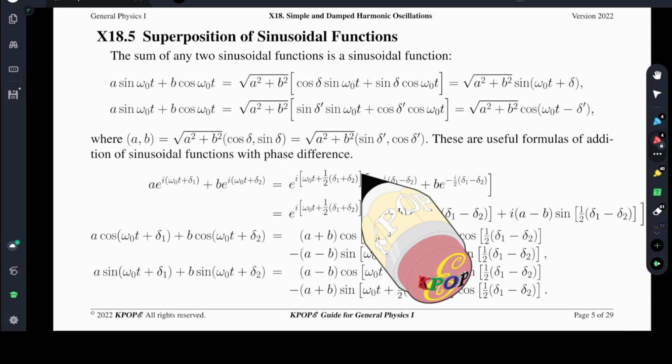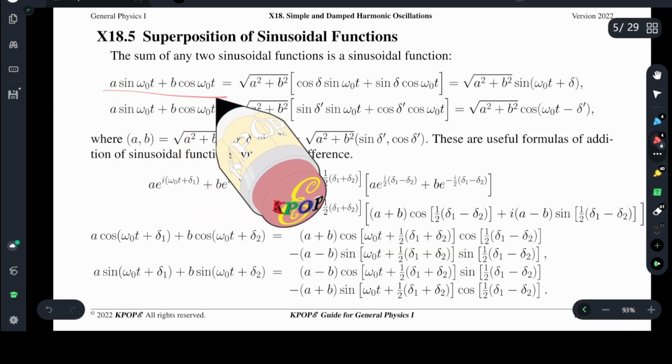Let us consider the superposition of sinusoidal functions. Because there are multiple ways of representing the solution for a simple harmonic oscillator, it's better to understand how to transform one representation into another. First of all, we can begin with a linear combination of sine and cosine.